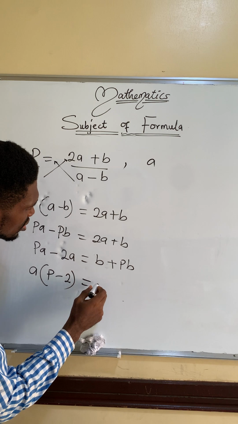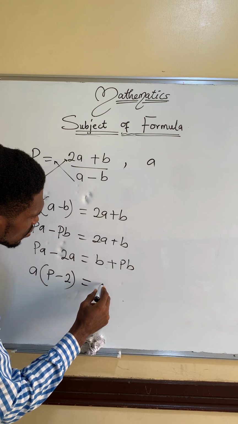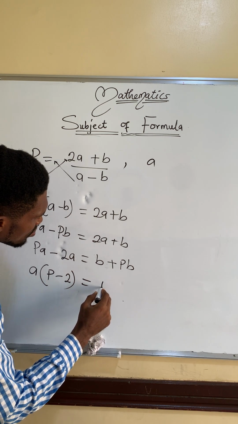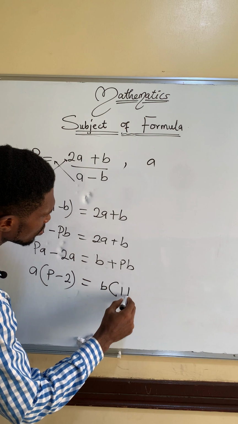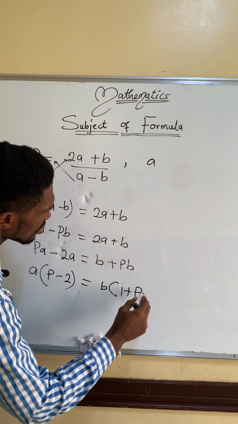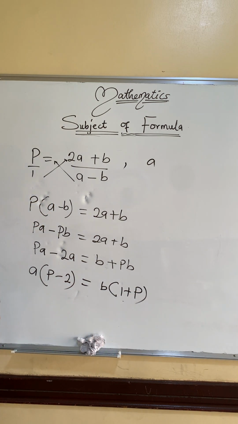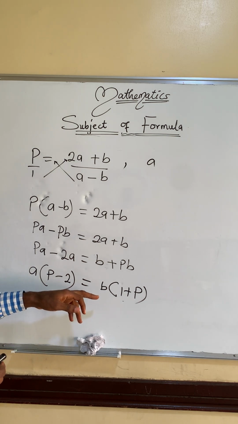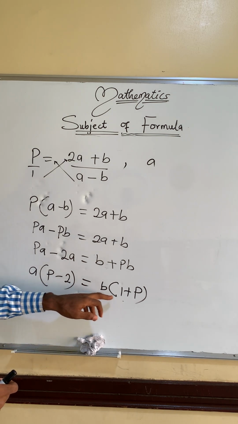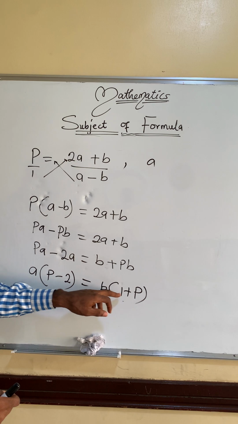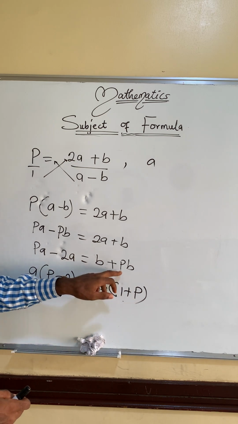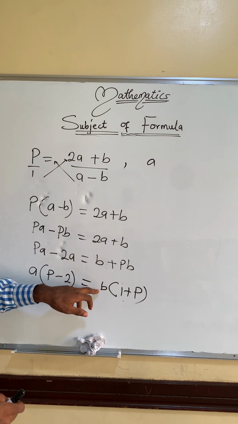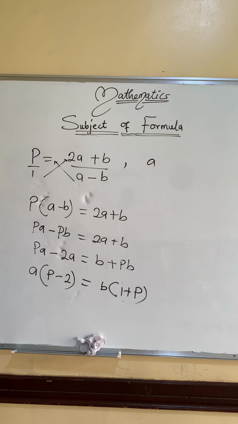B. So you simply say B into bracket 1 plus P, because B times 1 is B, and B times P of course is PB.